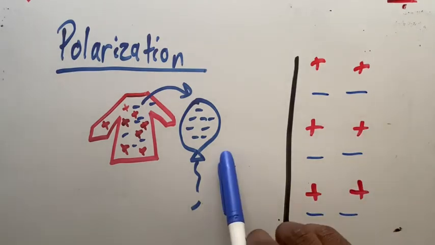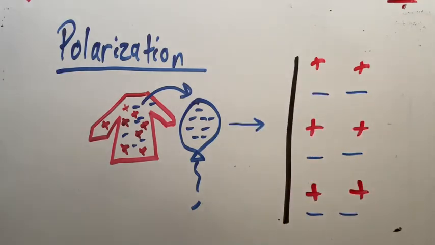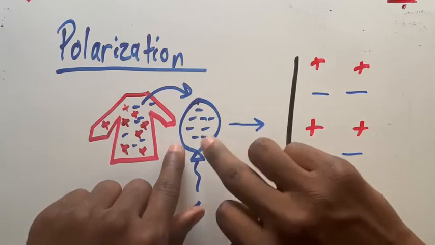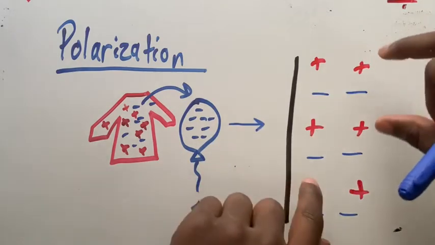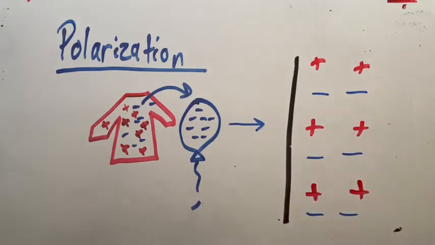So now if I take this balloon and I put it next to the wall here, since this balloon is overall negative, the negatives from this balloon are going to cause some of these positives to be attracted to the balloon.